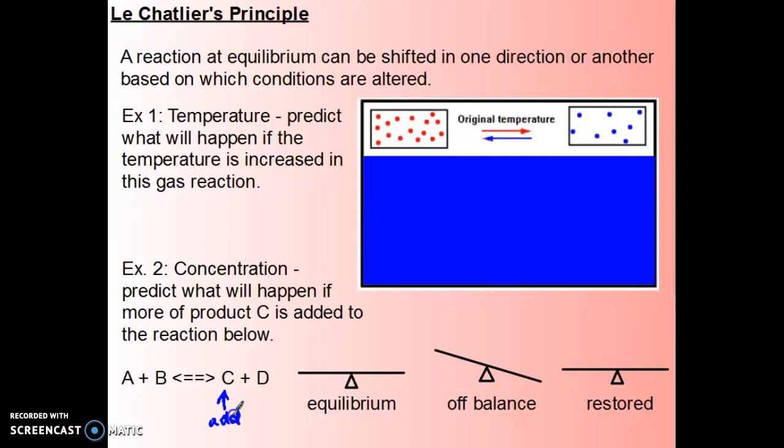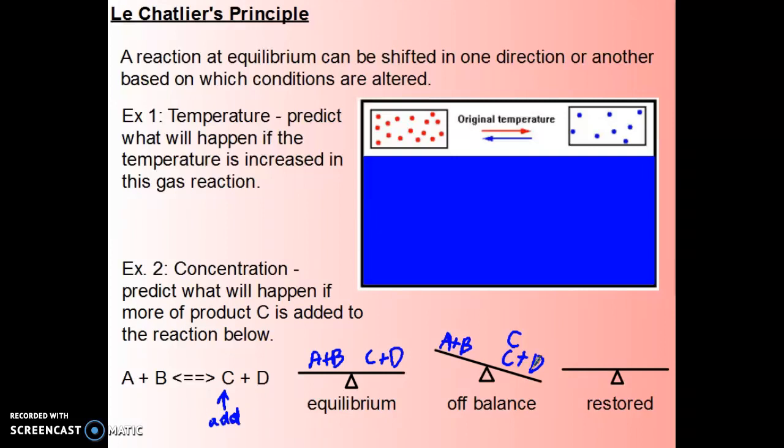When the reaction is in equilibrium, we had A plus B on one side, and we have C plus D on the other side. And then once we add more C, for example, we could have still A plus B on this side, but now we have two C's plus D, and our reaction is thrown off balance.